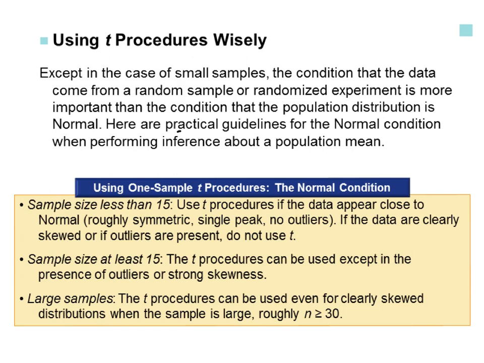And T procedures are robust against the normal condition. Okay, we can't just disregard it altogether, but we can be a little iffy. So if n is less than 30, it's not a deal breaker.